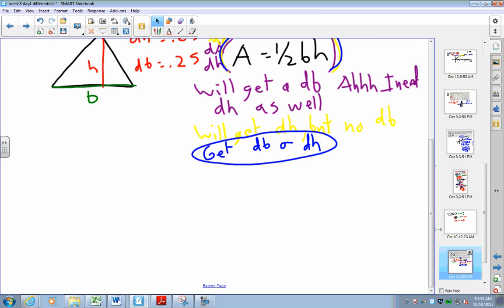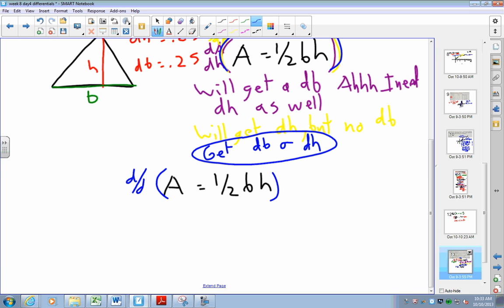So here we go. Area was 1/2 base times height. d/dt. What rule's on the right? Product rule. u is 1/2 B. What's the derivative? 1/2 dB/dt. v is H. What's v prime? dH/dt.